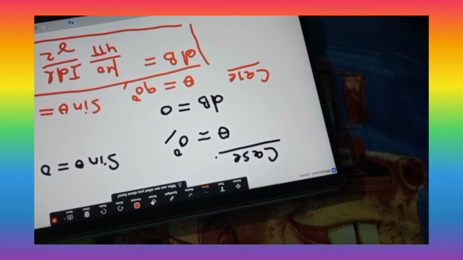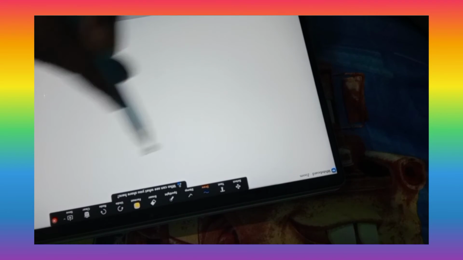We get the maximum value of the magnetic field when the position vector is perpendicular to the current element dl. Understand? Okay.